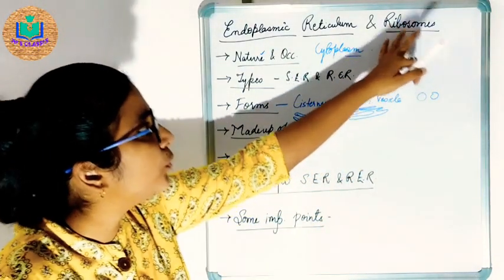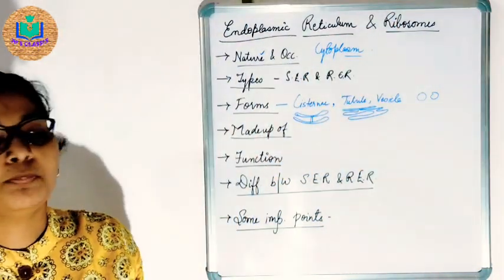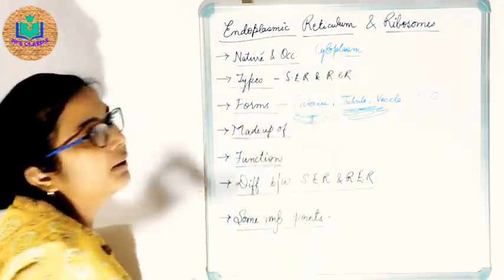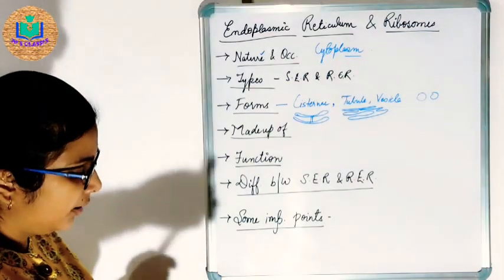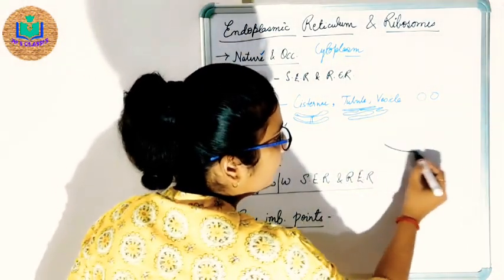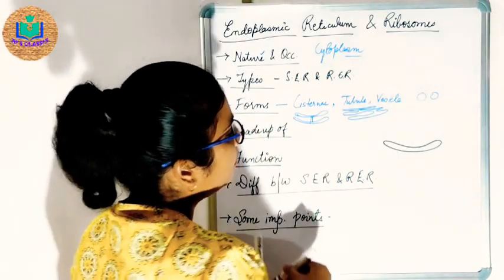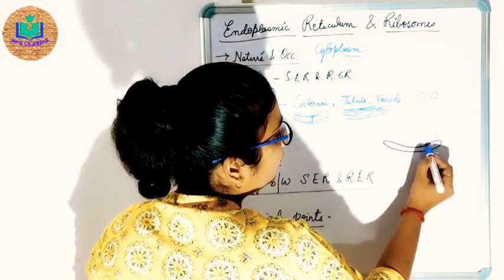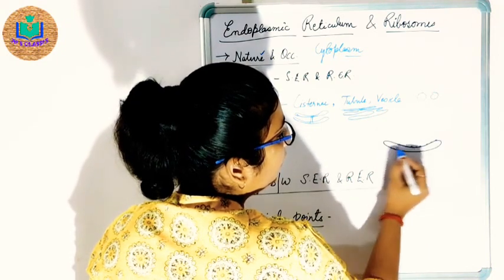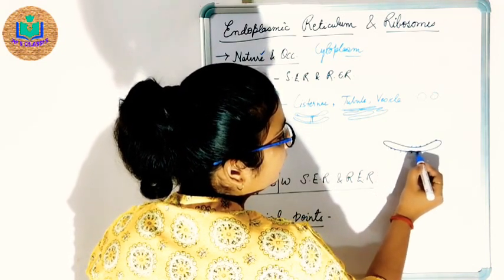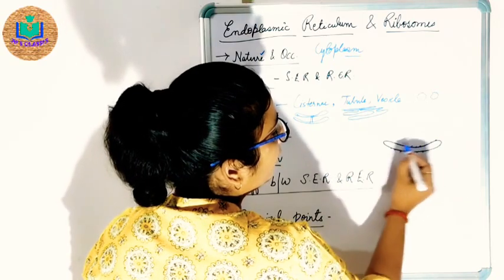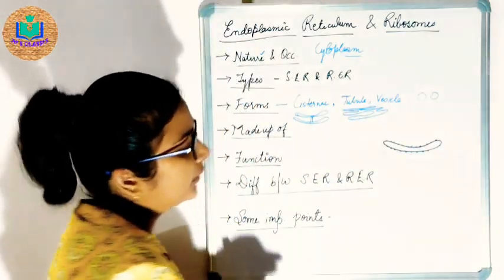If the ribosomes are present on the endoplasmic reticulum, it means that it is rough endoplasmic reticulum. This is the cisternae form of endoplasmic reticulum, and the ribosomes are arranged on their surface.